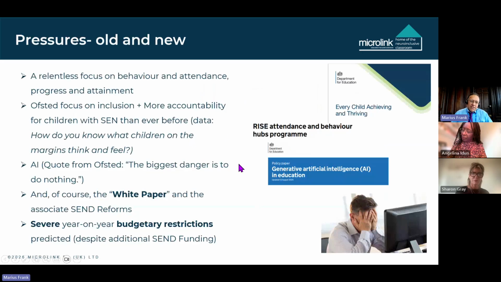But there is a relentless focus on schools at the moment, with Ofsted using words like inclusion, belonging, and thriving as accountability measures. There's the impact of artificial intelligence, with Ofsted saying the biggest danger is to do nothing. We know about the white paper. We know about the direction of travel now.